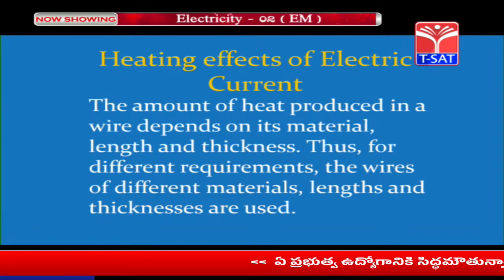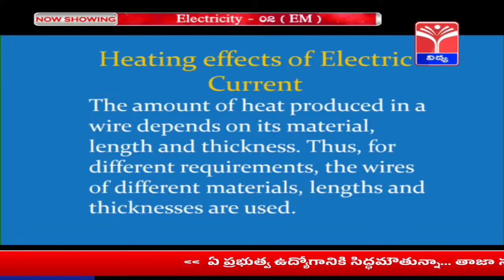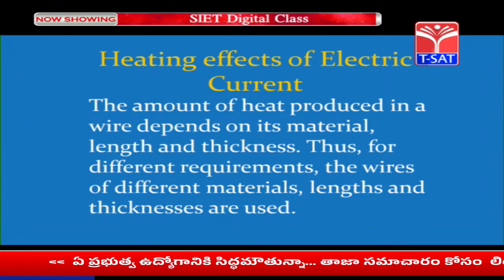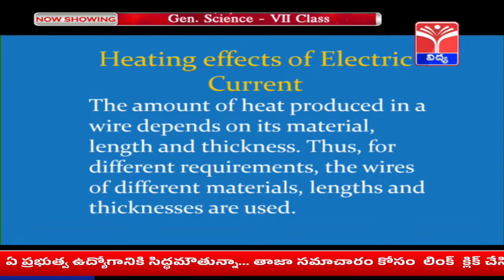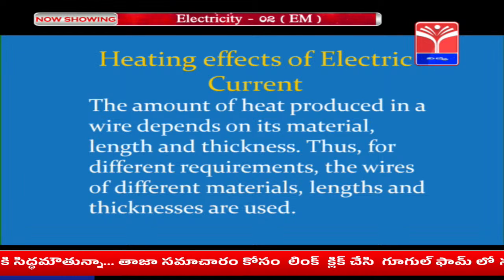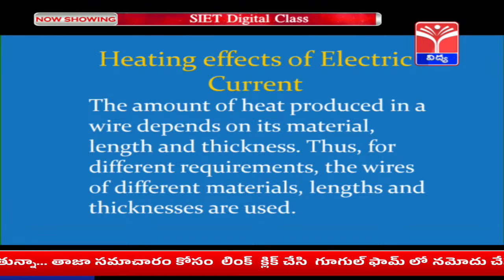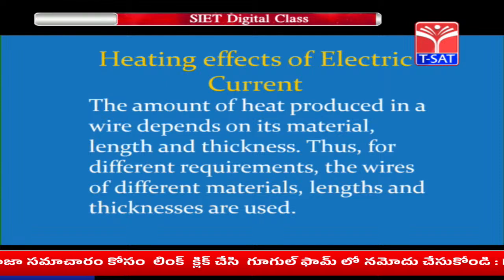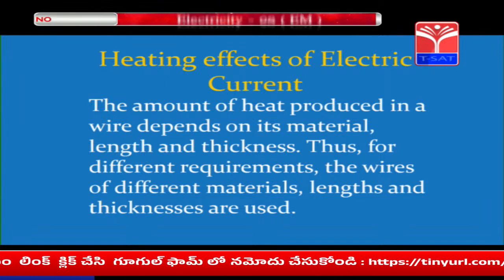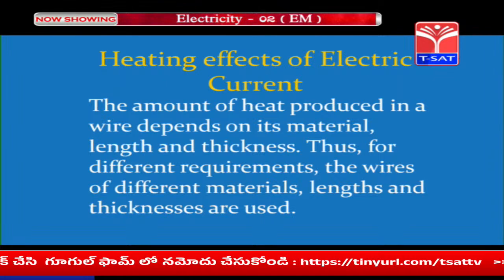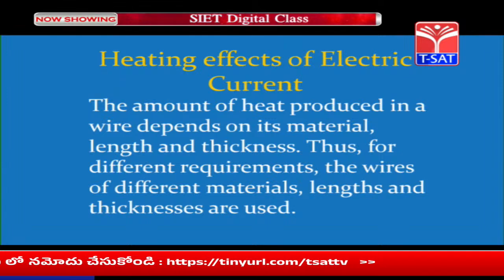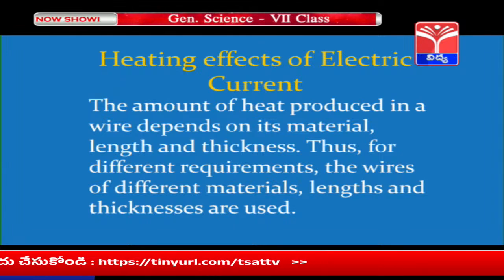In an electric stove, the length will be more and the thickness very little, whereas in an iron box the thickness will be more and the length is also more, and in an electric heater the length will be more and the thickness very little. Thereby we get heat energy depending upon the material, its length and also its thickness.